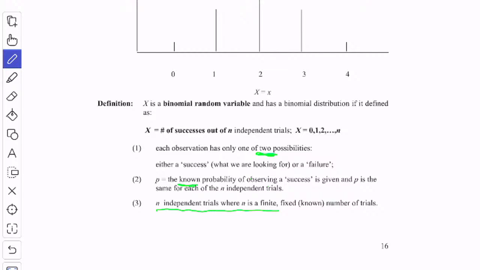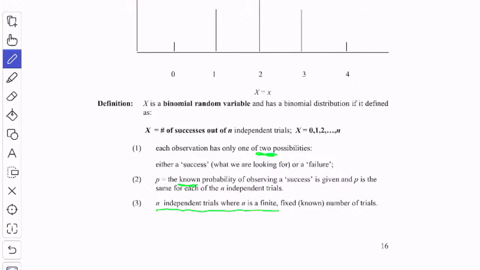Let's say you're testing people for coronavirus, right? So you're using a test and you're repeatedly looking to see. And so the number of people you have to observe before you see the coronavirus, that's also a counting variable, but it's not the same sort. It's the number of people I need to test before I see someone with coronavirus.